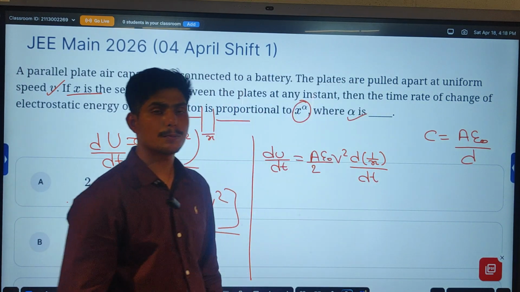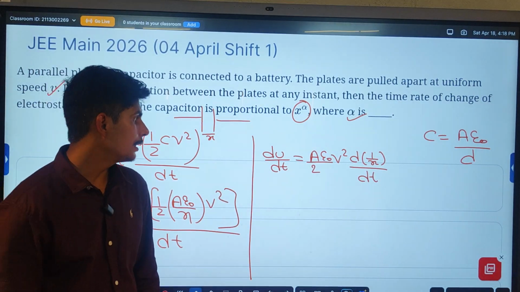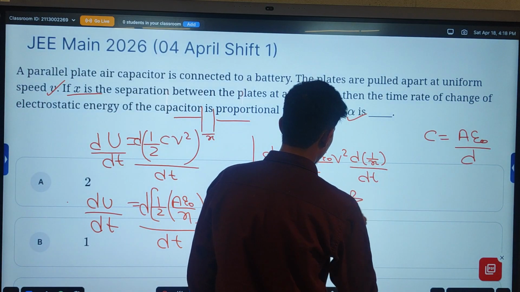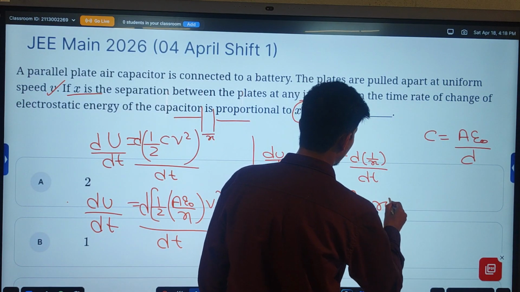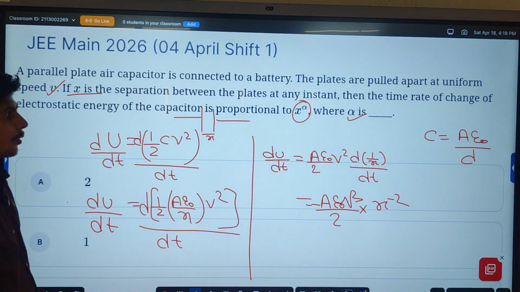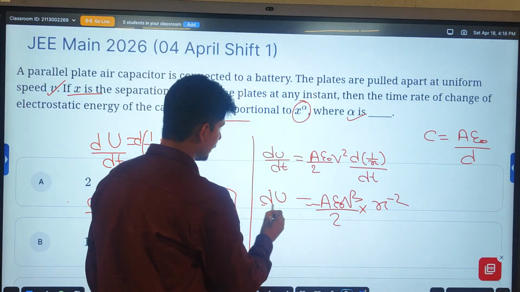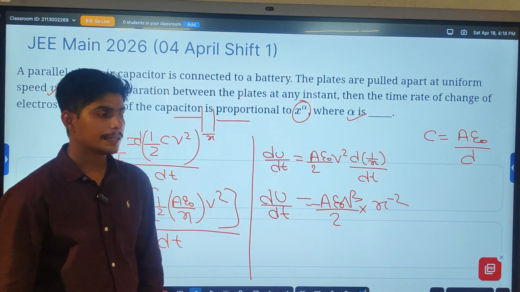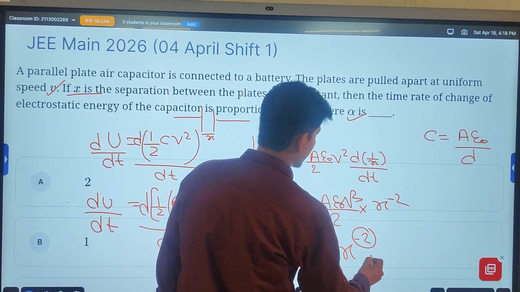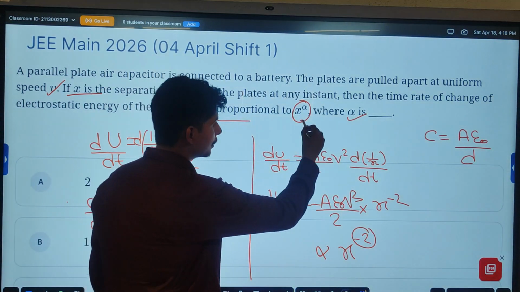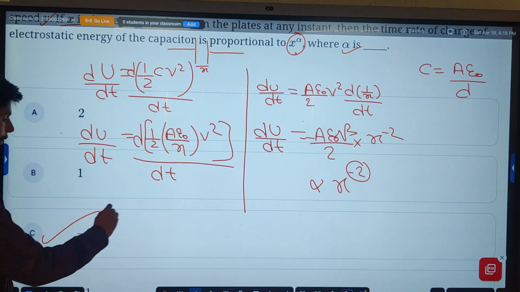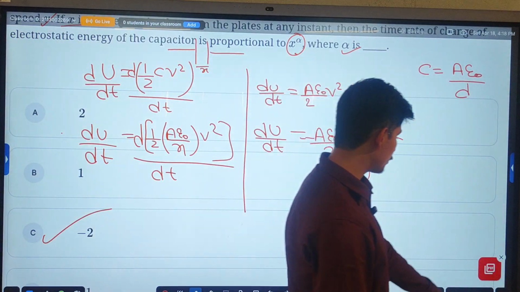If you differentiate 1 upon x with respect to t, you will get minus 1 upon x square times dx by dt, that is x to the power minus 2 with a minus sign. So dU by dt, the rate of change of electrostatic energy, is directly proportional to x to the power minus 2, and comparing both, you will get alpha is equal to minus 2. Okay, right?